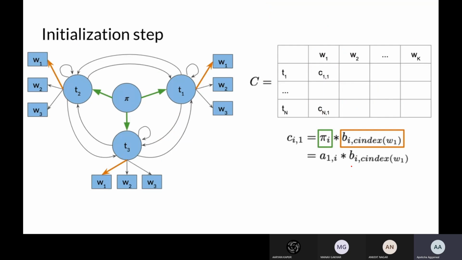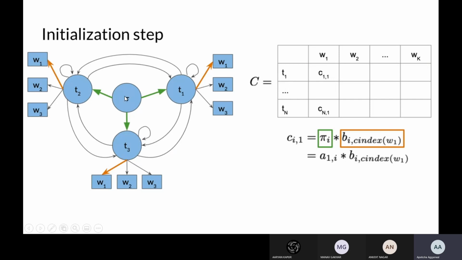Let's see the example. This is the initialization step. So I was here. In the initialization step, I will calculate only the first column, because calculating the first column depends upon only one word and the start state I was having.